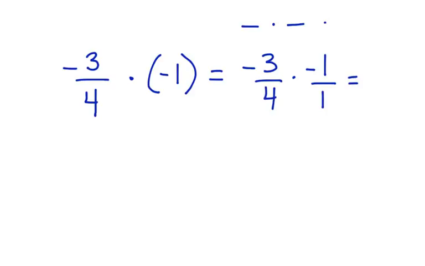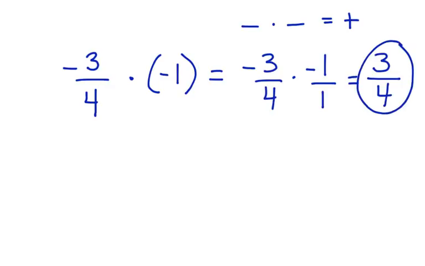Negative times a negative equals a positive. Gives me 3. 4 times 1 is 4. Again, -3/4 became its opposite of 3/4.